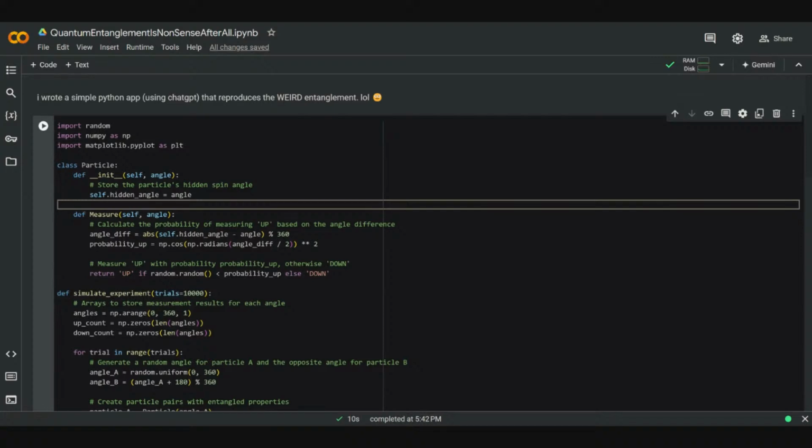The angle difference is the absolute, the hidden angle minus the angle. This is the measuring angle. Good. It has a hidden angle. Nobody knows what the angle is. So you take the hidden angle minus the angle. That's the angle difference.